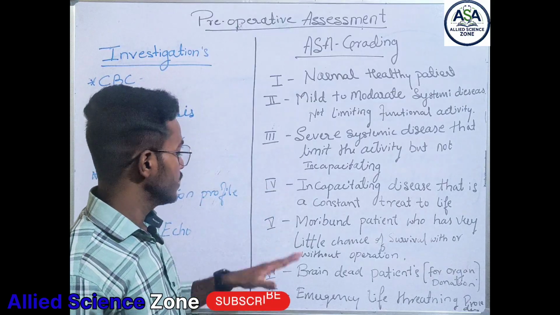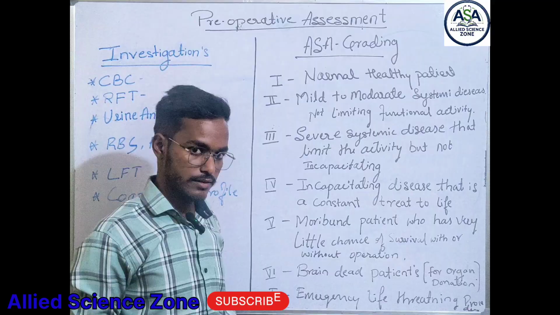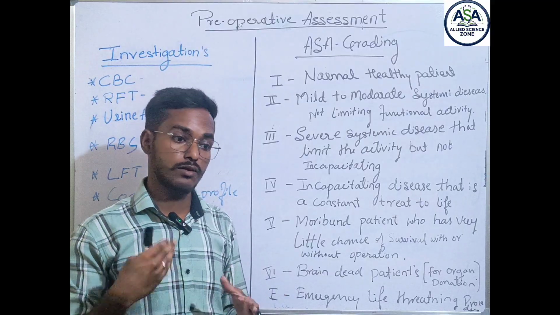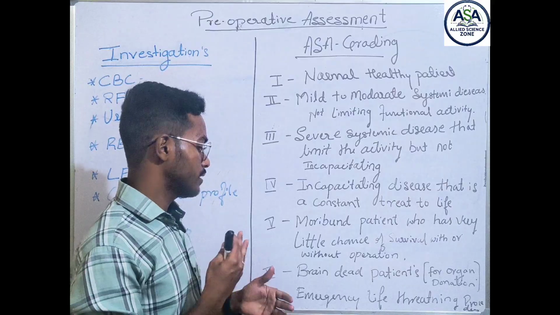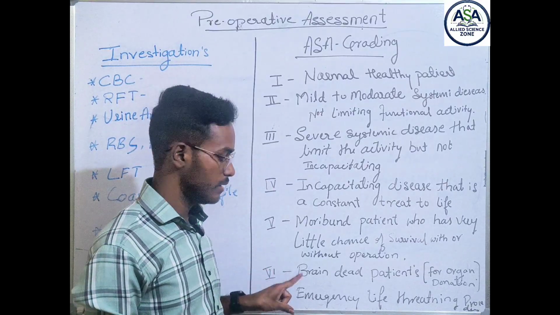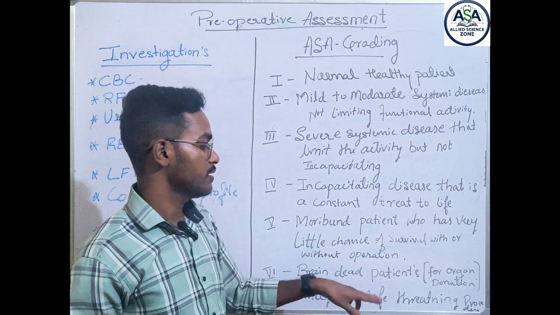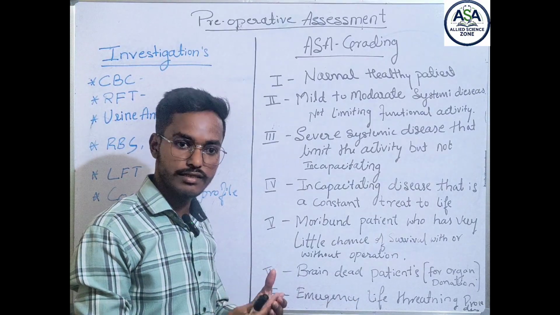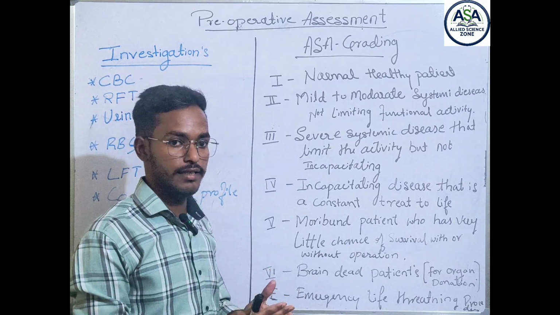Next, ASA 6 is a brain-dead patient for organ donation. A cadaveric patient going for organ donation is considered ASA grade 6. One more is there: ASA grade E means emergency. It is an emergency life-threatening procedure. It is considered as E.